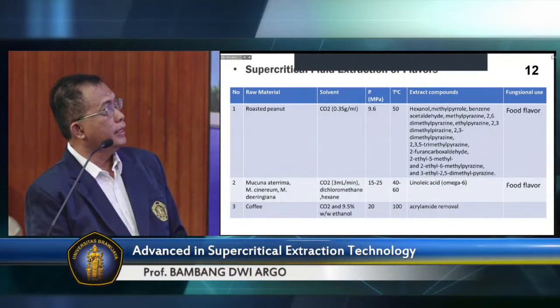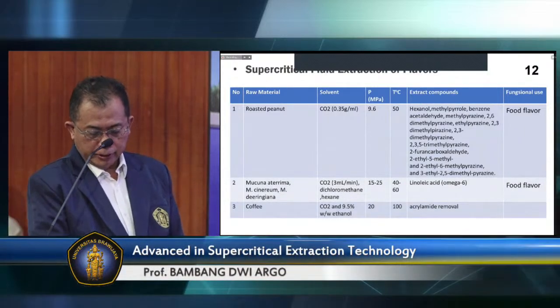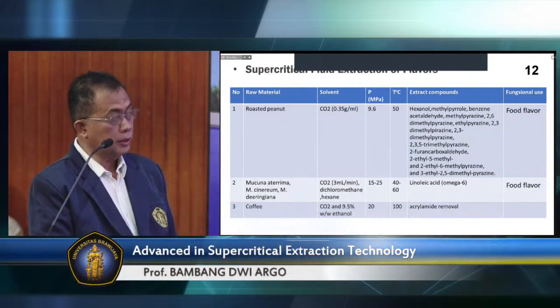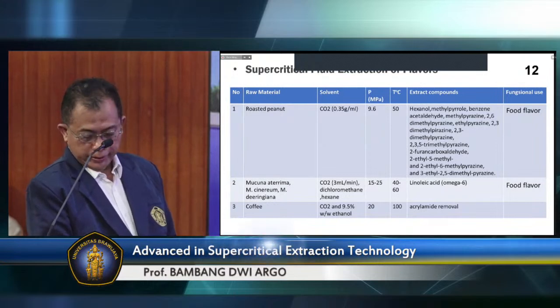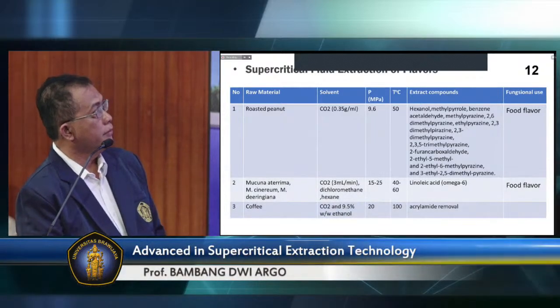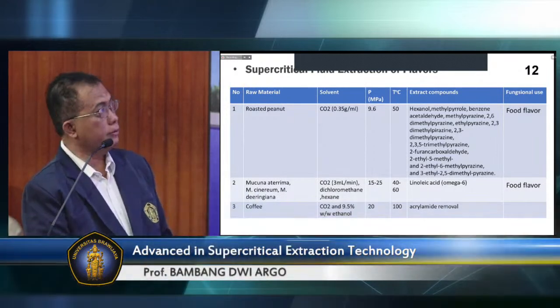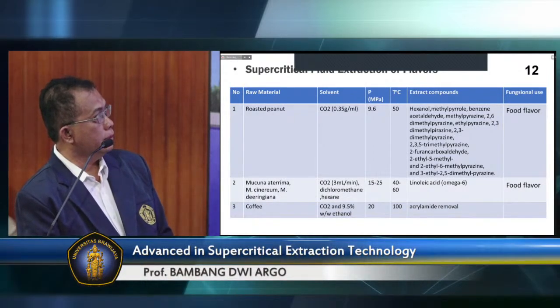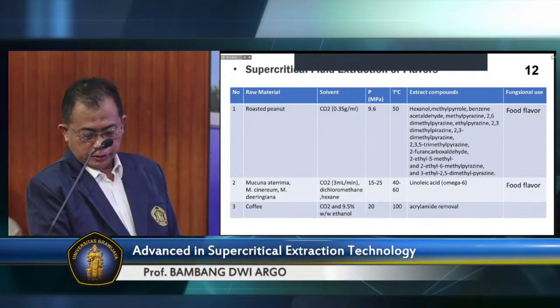Ladies and gentlemen, in this table, we can see some results of essential oil produced using supercritical fluid extraction. Roasted peanut needs CO2 as a solvent at temperature equal to 50 and pressure equal to 9.6 megapascal as optimal process condition.